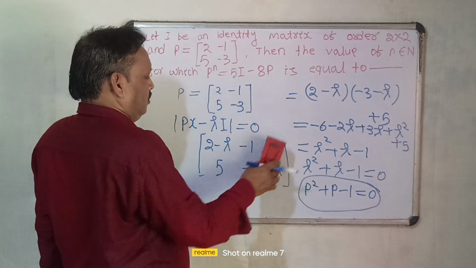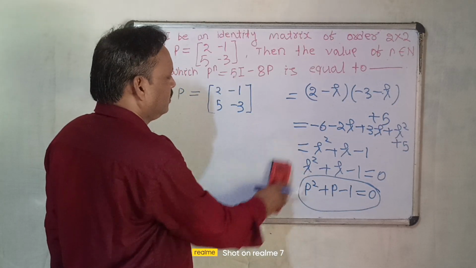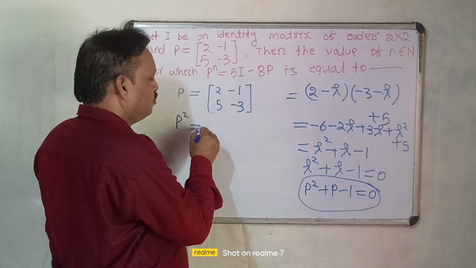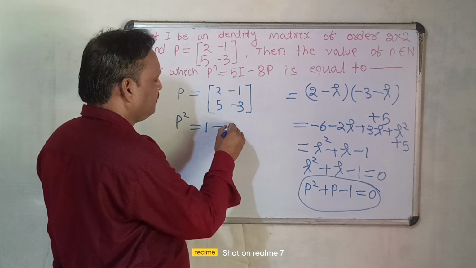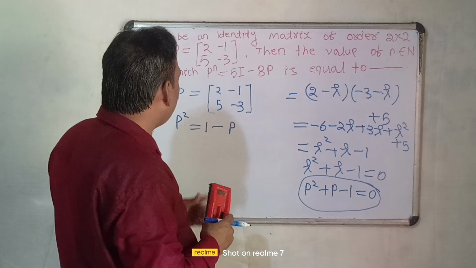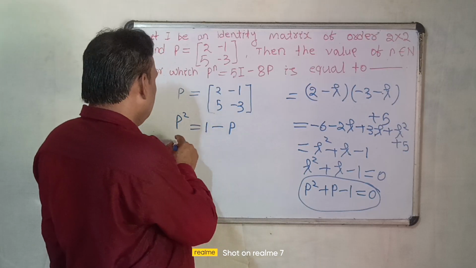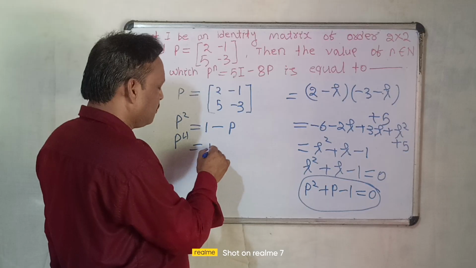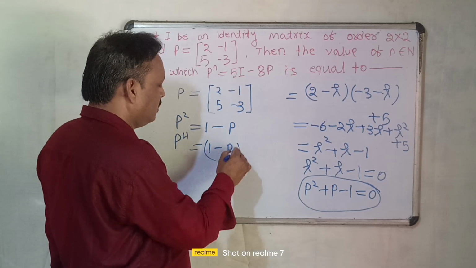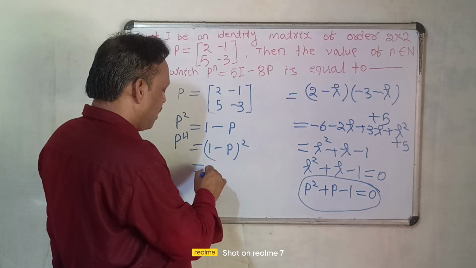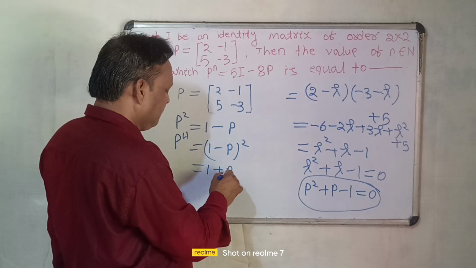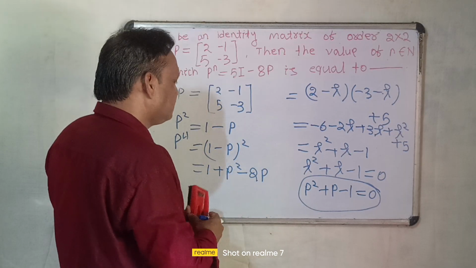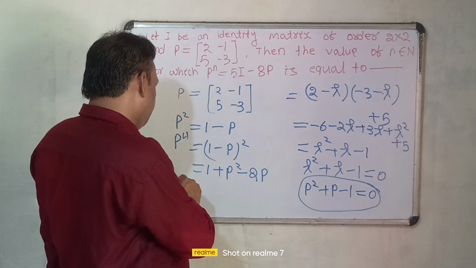Now we can find P square equal to 1 minus P. Here P square equals 1 minus P. Now P to the power 4, what is the value of P to the power 4? It is (1 minus P) whole square, that is equal to 1 plus P square minus 2P.